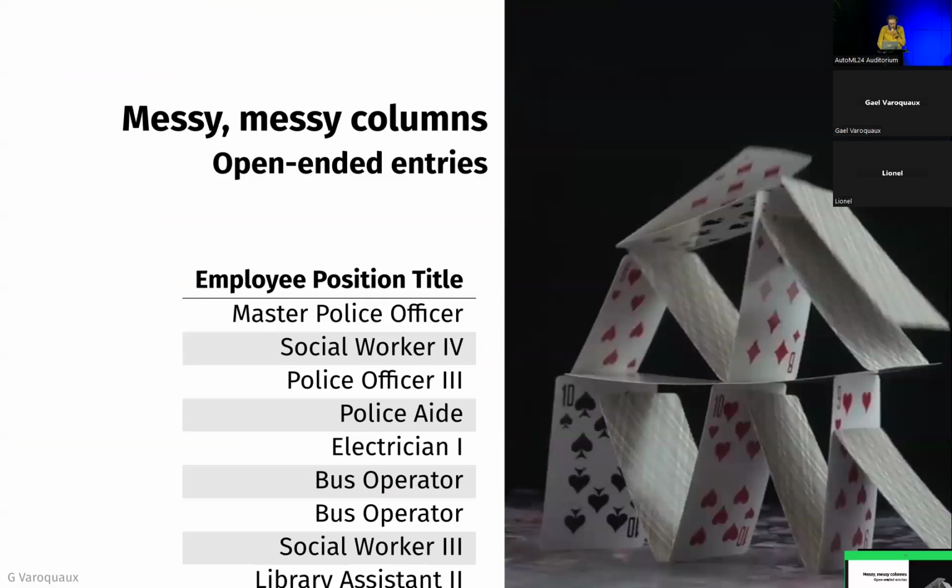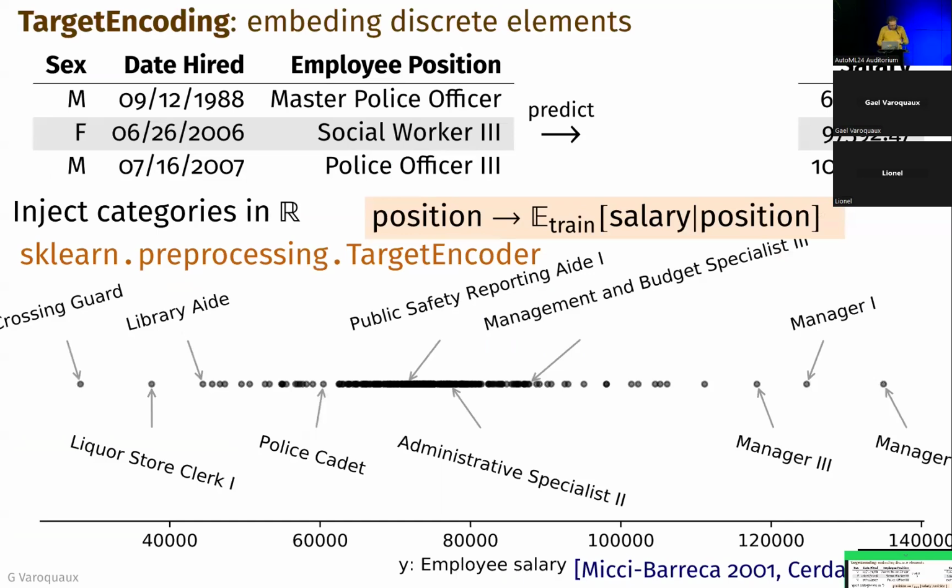It's easy. But then we get those columns that are really nasty, made of strings. So a few tricks that work well. The first one is target encoding. Target encoding is this very weird idea that you're going to replace a category by the expected outcome, the expected Y, given the category.